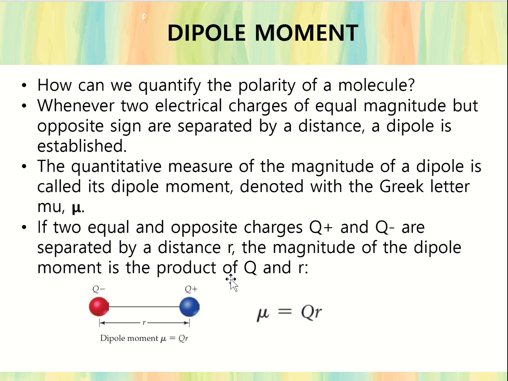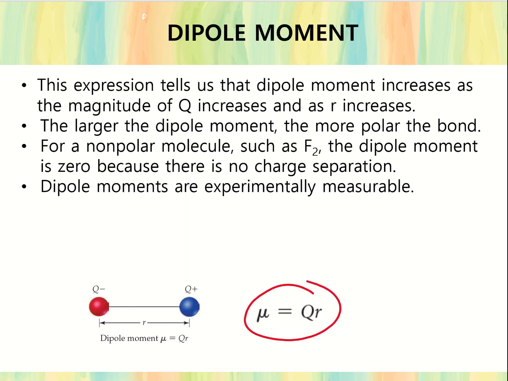For our purposes, we're not going to go into this or do any example calculations. What we need is an understanding of the term dipole moment, and that it's a way to quantitatively measure the polarity of a molecule. This expression tells us that the dipole moment increases as the magnitude of Q increases and as r increases, so everything is directly proportional.